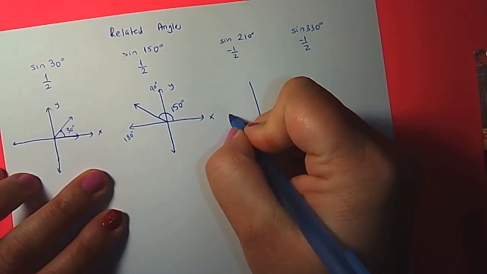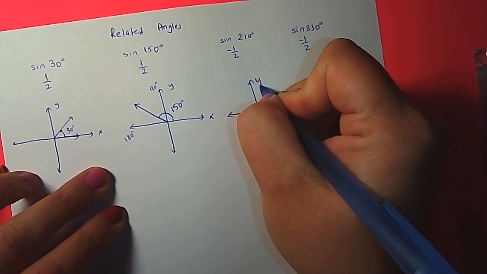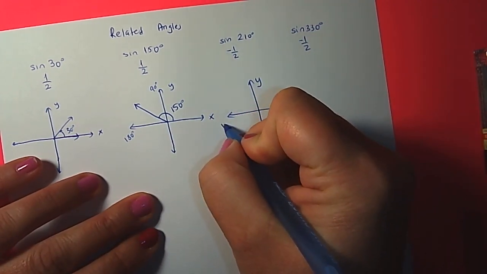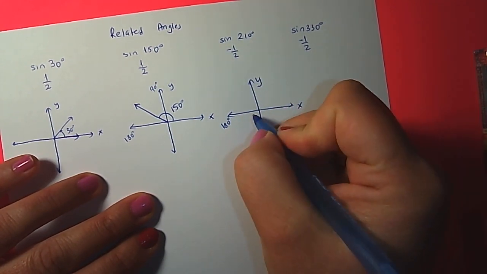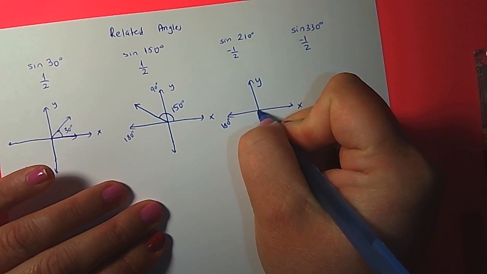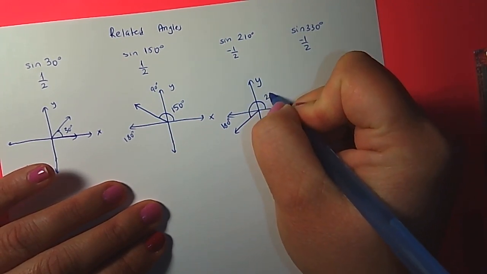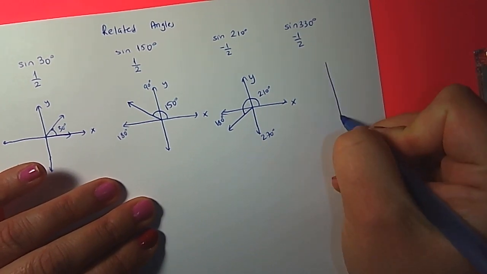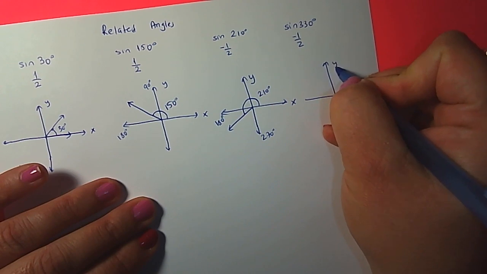Let's sketch 210 degrees. This is 180, this is 270. 210 degrees should be located in quadrant 3. Let's look at 330 degrees also.